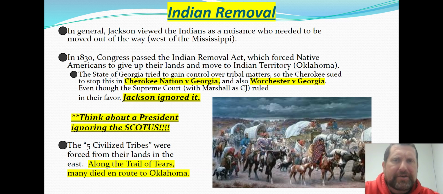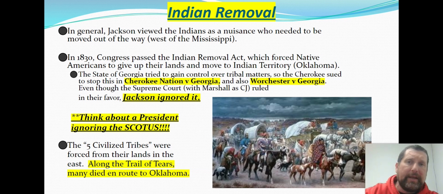One of the things, of course, that Jackson is most notable for, sadly, is the policy of Indian removal. Jackson was absolutely, historians will tell you, an unabashed racist. He sees, at best, the Indians as a nuisance who stand in the way of the progress of the white man, of America's moving forward, as it were, and moving westward.